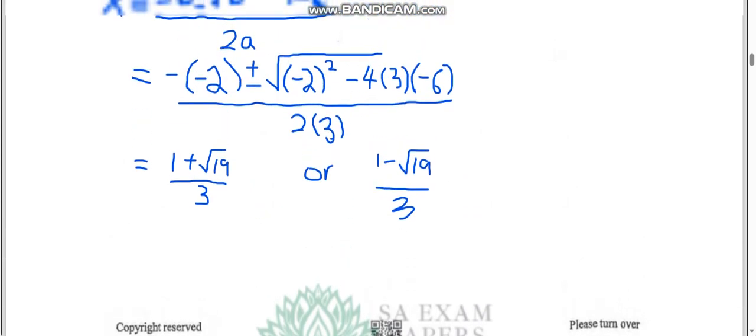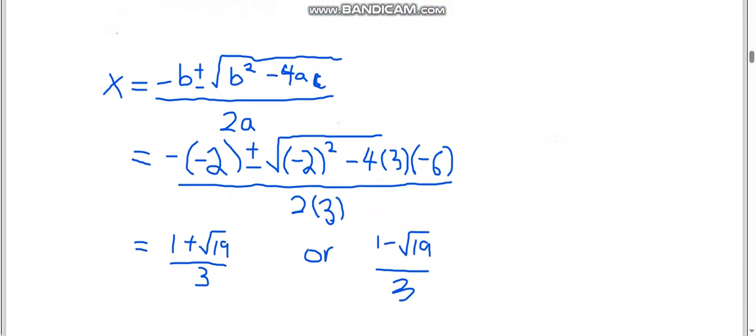The quadratic formula says x equals minus b plus or minus the square root of b squared minus 4ac, divided by 2a.